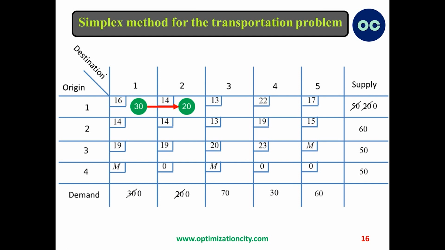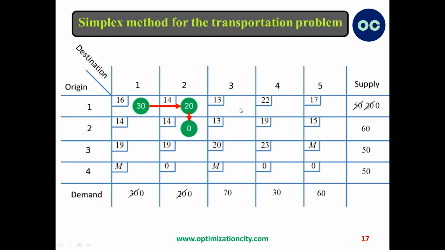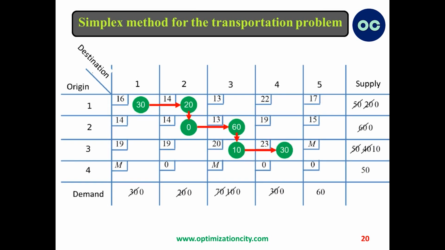The maximum value is 20 here, and we modify these two values: 20 goes to 0 and 20 here goes to 0. Because demand and supply are both exhausted, we can move right or down. We move down here and we continue until we satisfy all demand and supply.